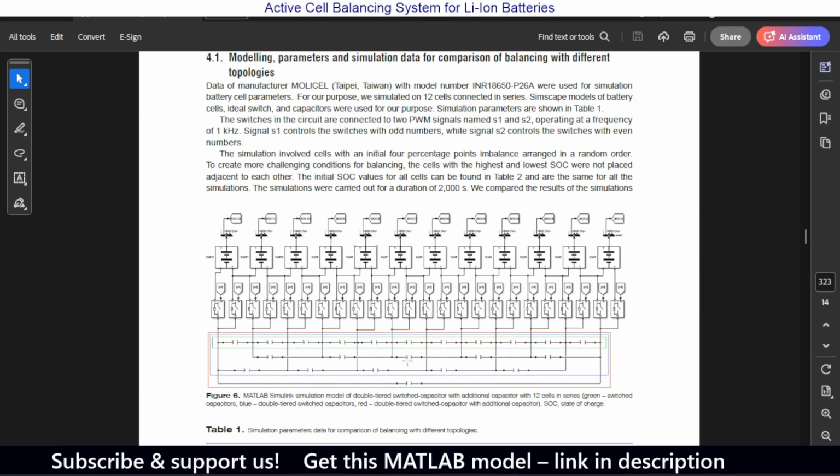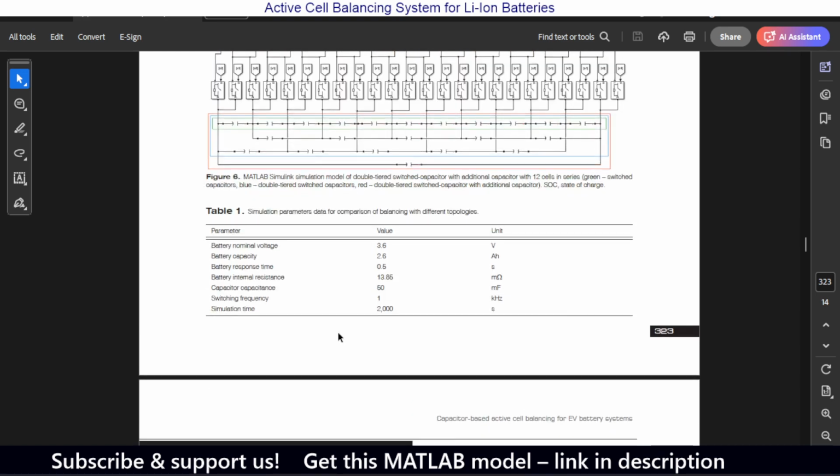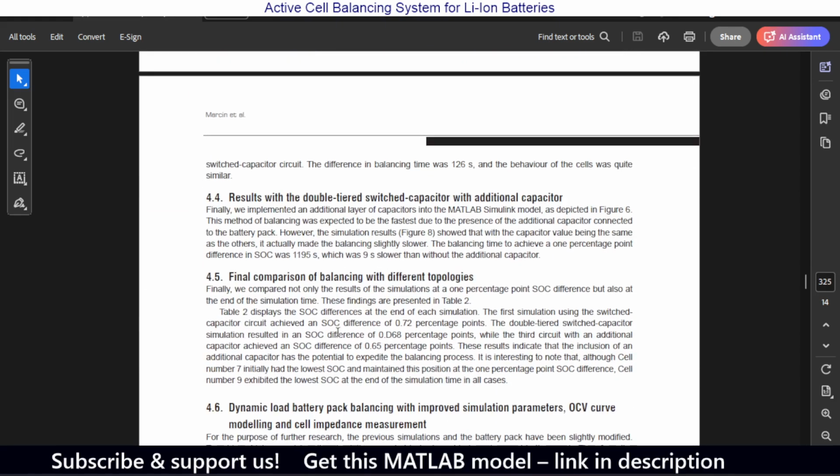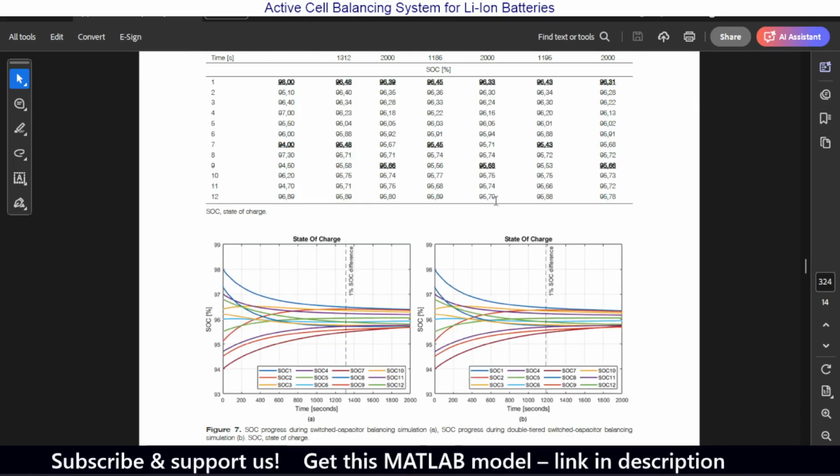The model which I have simulated is this one: double tiered switch capacitor with additional capacitor. What we are trying to do here is, there will be n number of lithium-ion batteries, and all the batteries will have different SOCs.